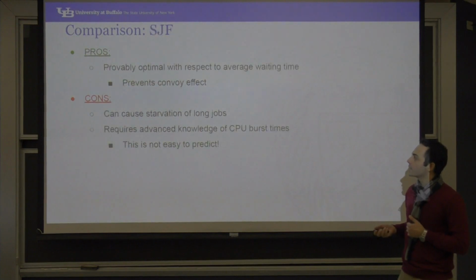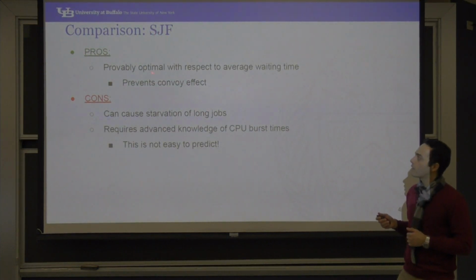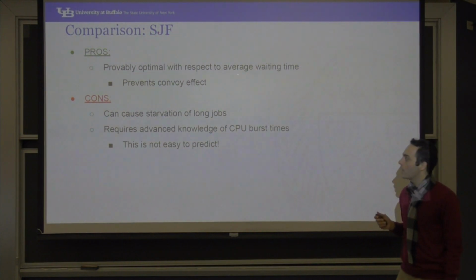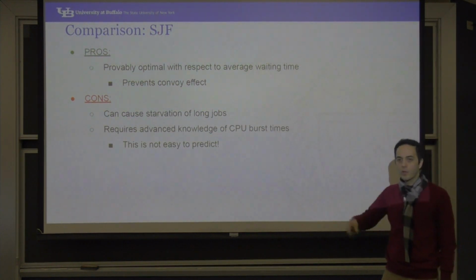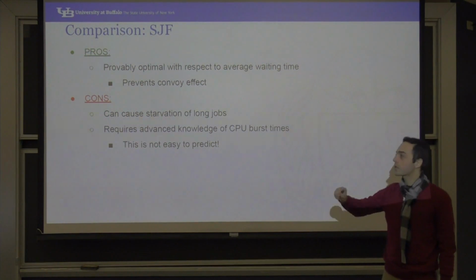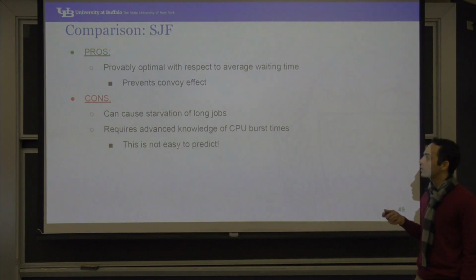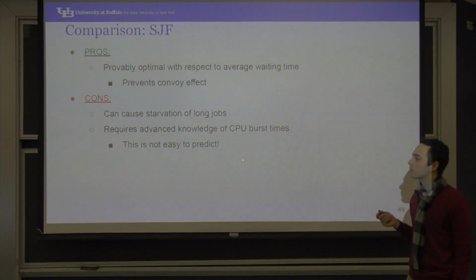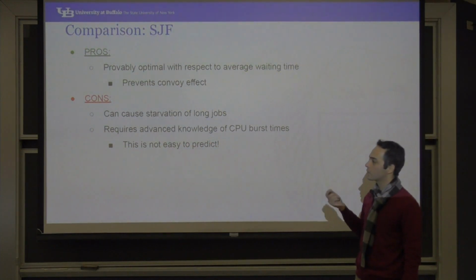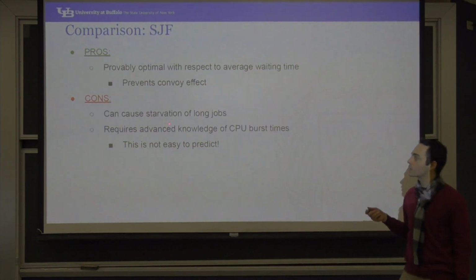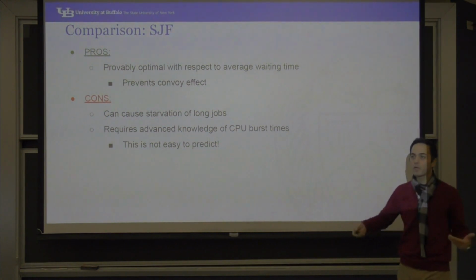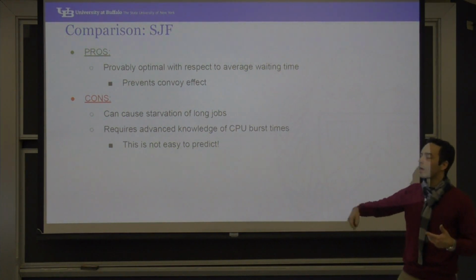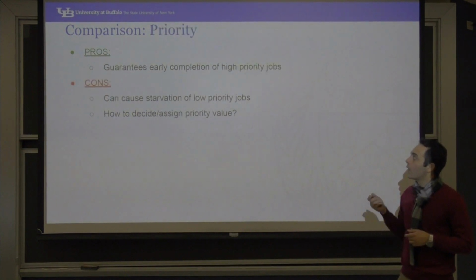All right. And shortest job first can be proven optimal for the waiting time, and it prevents the convoy effect. Whoever has the shortest burst goes first. But the problem is, first of all, it assumes that the burst time is known. This is not really easy to predict. You have to have some schemes which are not perfect, and also it can cause starvation of longer jobs. They can wait forever while shorter jobs keep coming and keep the CPU busy.